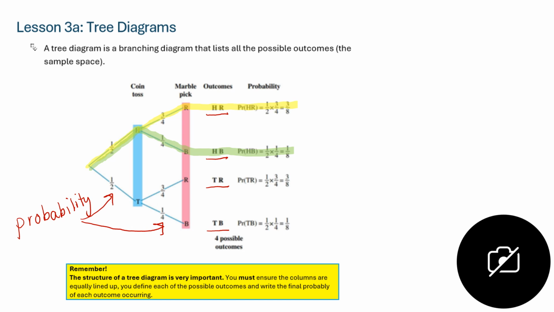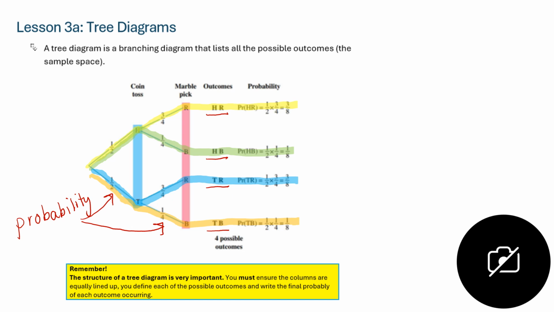We've done all of our heads branches. Let's go down to tails. We go down a half and 3/4. We get 3/8 again. You will find a lot of these probabilities repeat, particularly if there are some even chances in there. And that last one there, we follow that branch, and we've got our final one there.